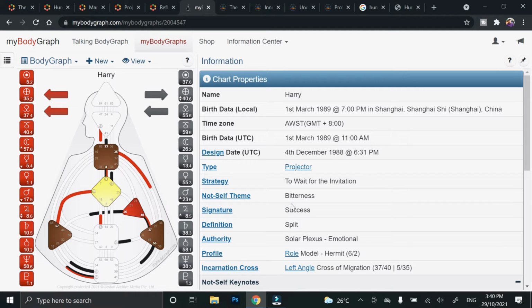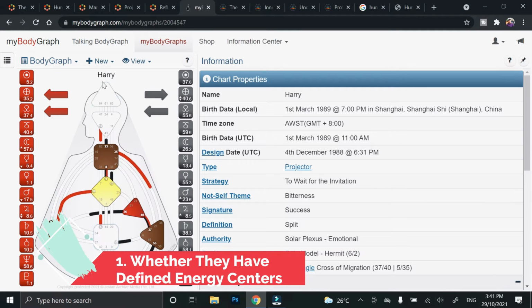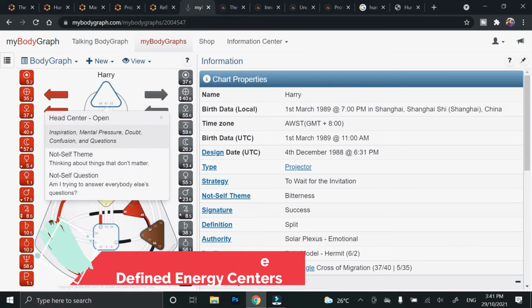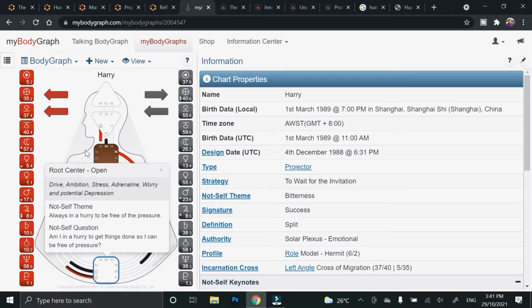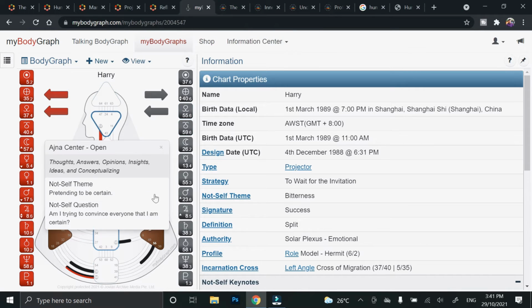Number one, whether they have defined energy centers. If all of these are just white, then right away you will know it is a reflector. Reflectors basically have no defined energy centers.